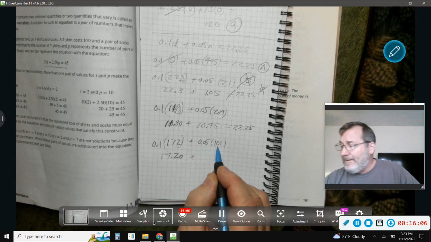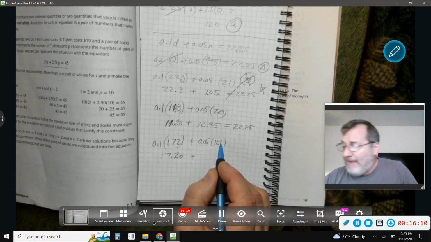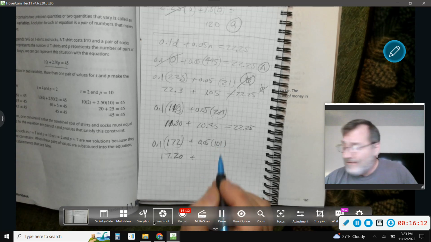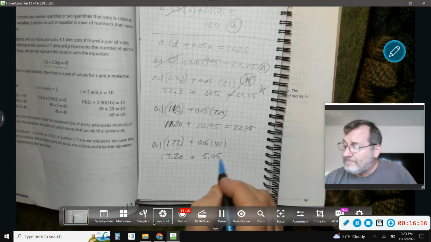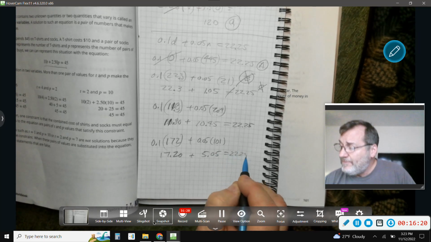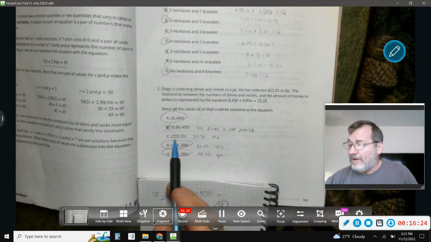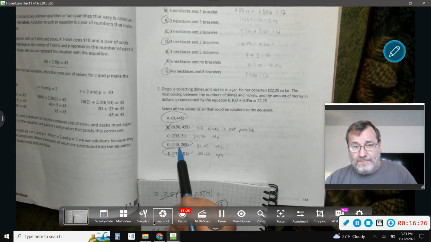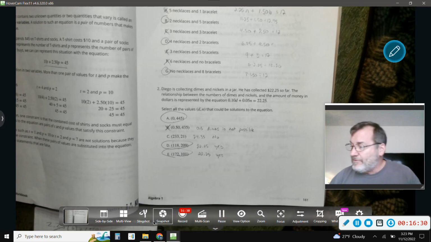Nickels, how many 20s go into 100? Well, that's 5, and you got 5 cents left over, which is because of 1 nickel, so that's going to be $5.05. Well, if you add that together, you do in fact get 22.25. So out of this one, your solutions are alpha is correct, delta is correct, and echo is correct. All of those will actually work with this.